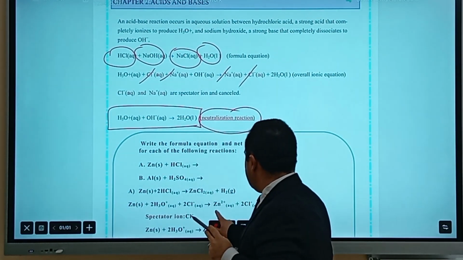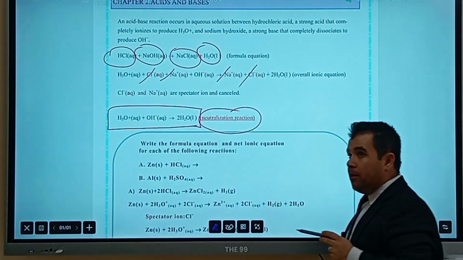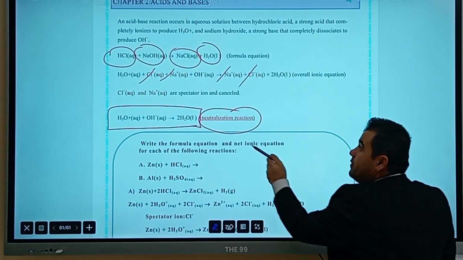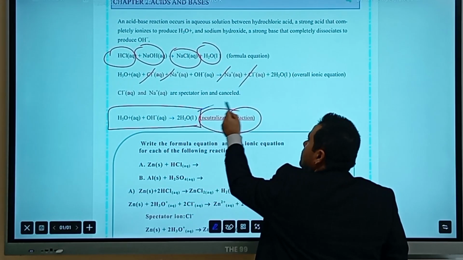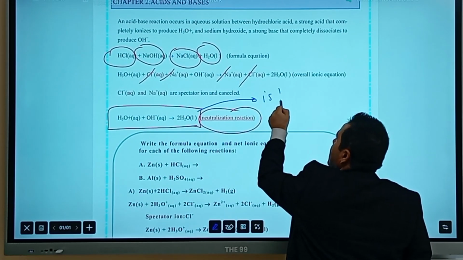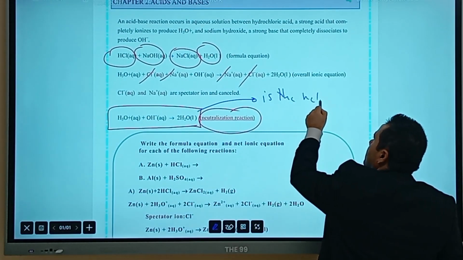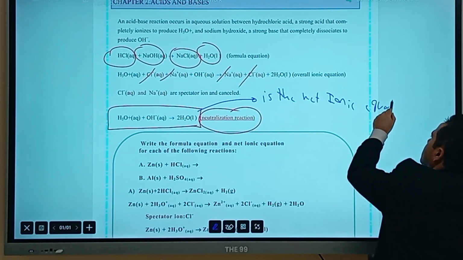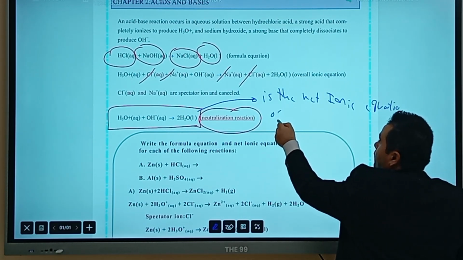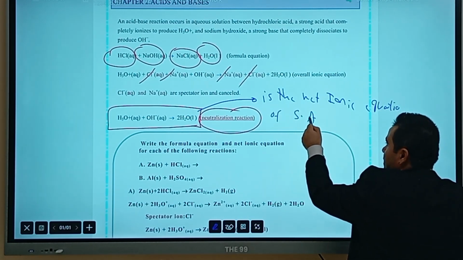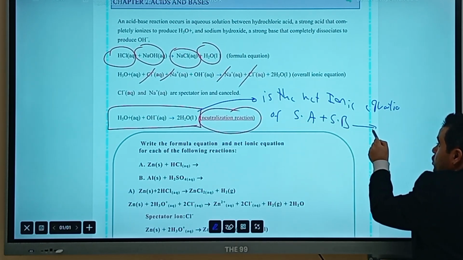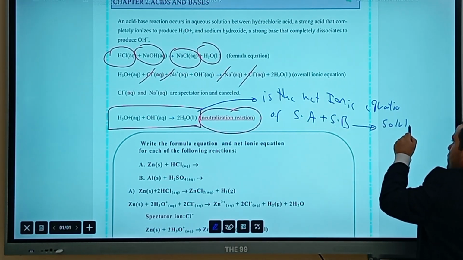Keep in mind, guys, a note. There was a Ministry exam question we'll be solving later. This equation is the net ionic equation of a strong acid plus a strong base, which produce a soluble salt.